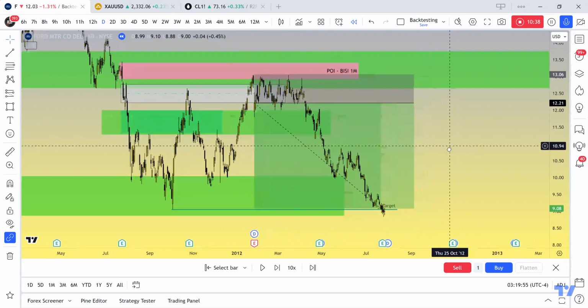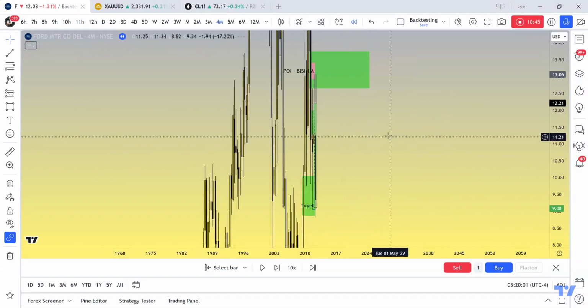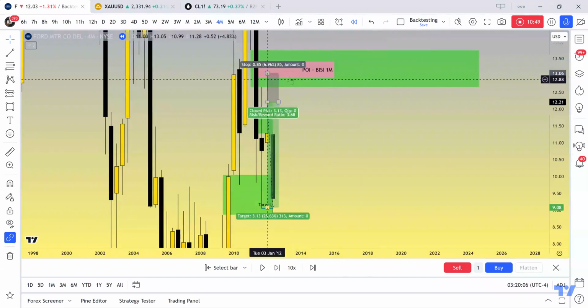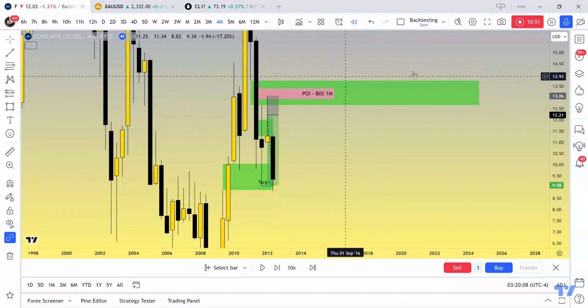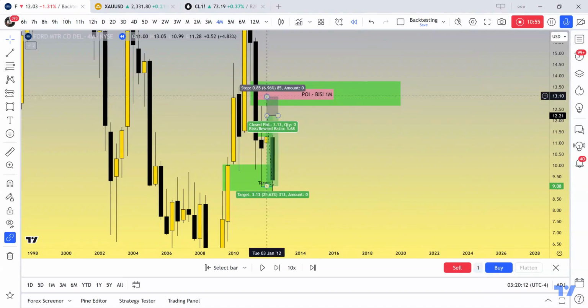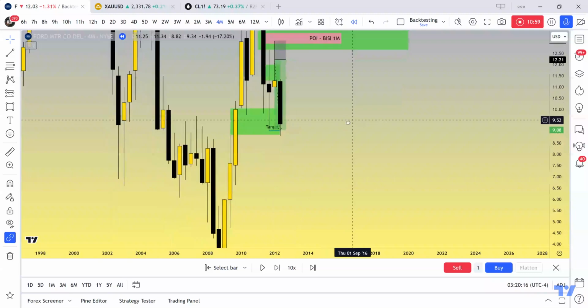Consolidated in this area. So let's go back to the time frame that we built this bias on, the 4 hour. There's a POI there on the monthly. So the main area was this 4 hour gap. We came into there, expanded lower, and then our target was here.